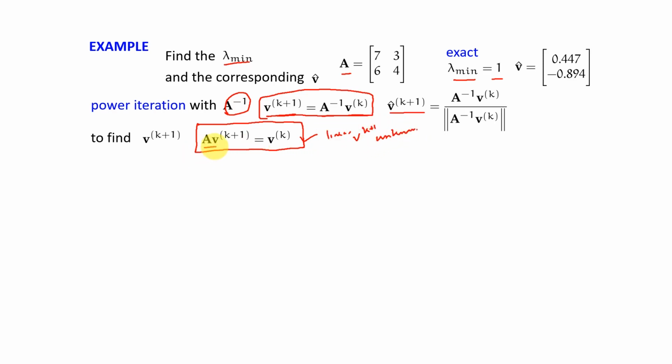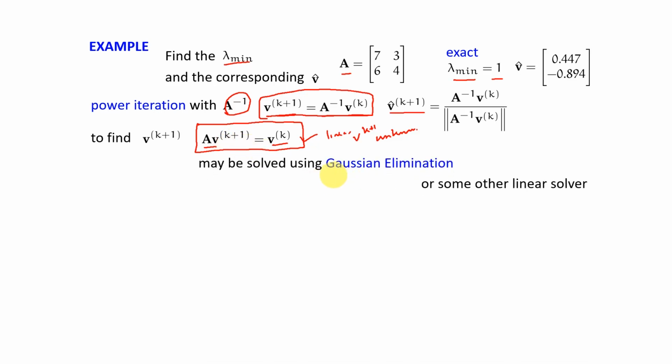So I know A, I know Vk, and Vk plus 1 is our unknown. So I can solve this linear system for Vk plus 1 using maybe Gaussian elimination or LU decomposition or any other linear solver. It could be an iterative solver also. Using them, I can find Vk plus 1.